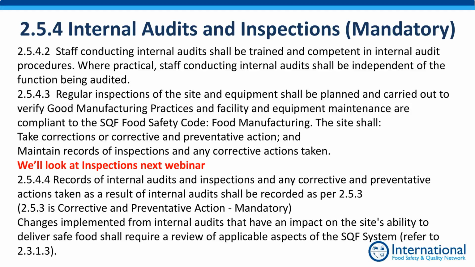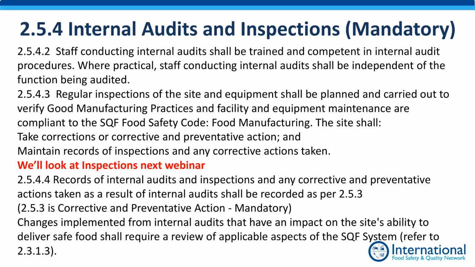We're going to look at inspections in the next webinar. There should also be records of internal audits and inspections and any corrective actions taken as a result of internal audits, and they should be recorded as per 2.5.3, which is corrective action and preventive action.